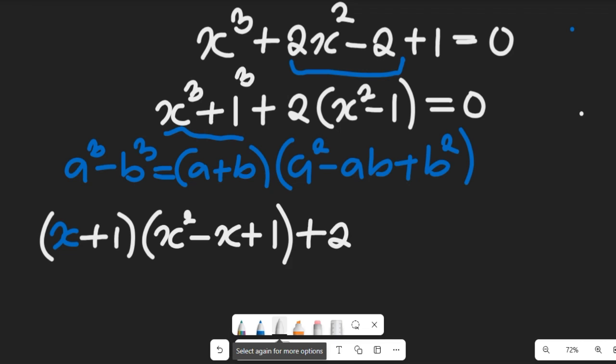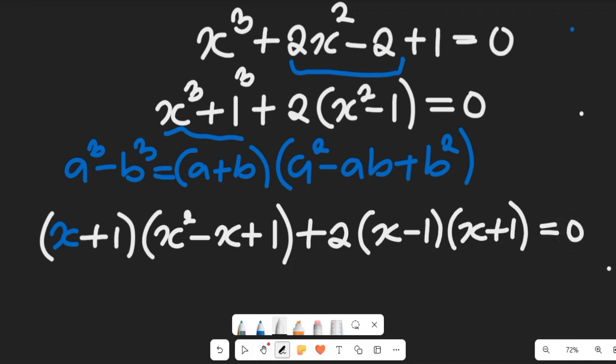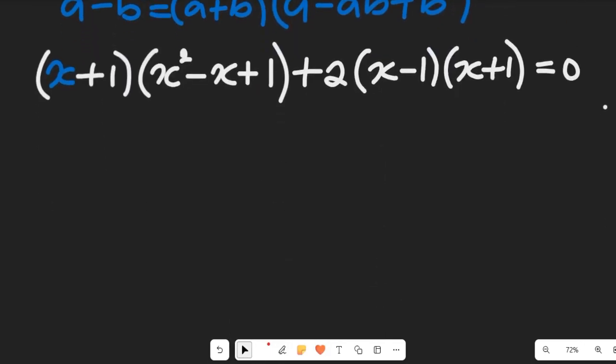If I expand this like a difference of 2 squares, I'll have x minus 1, and then I'll have x plus 1, right, and all of these will be equal to 0. So this can give me the power to simplify further.